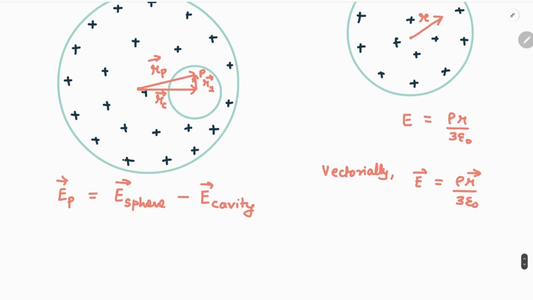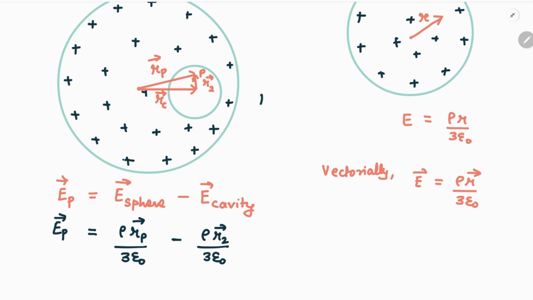For the entire sphere, if this cavity would never have been created, then the electric field strength would have been rho rp by 3 epsilon naught. Now if I consider only the charges inside this cavity, then it will be rho r2 by 3 epsilon naught, and this is the value of electric field strength at a point P. Now if I write the vector equation for this triangle, then we can say that rp vector equals rc vector plus r2 vector.